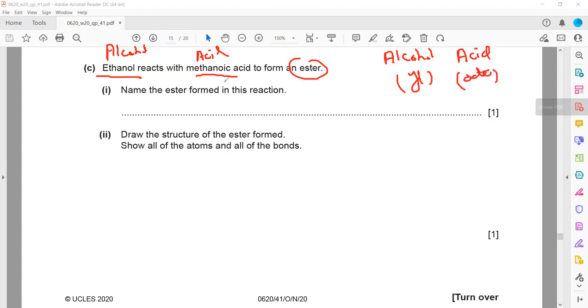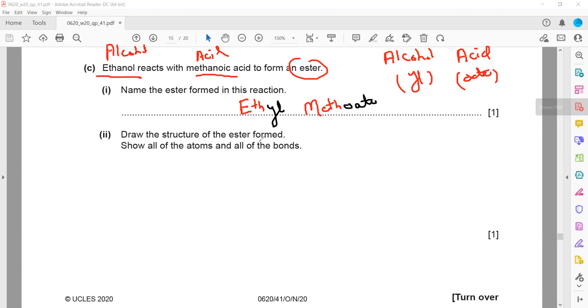So name the ester formed. The first name is from alcohol, ethanol, so it will be eth, and YL, ethyl. The second name is from carboxylic acid, methanoic acid, so it will be meth, and the part from the carboxylic acid should have OATE, so it is ethyl methanoate. The first name is always from alcohol and the second name is from carboxylic acid.